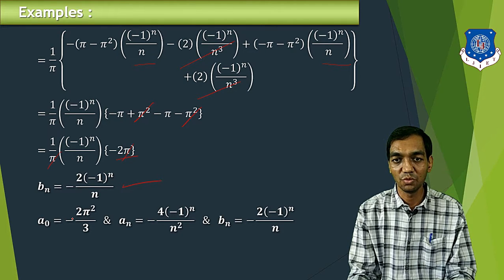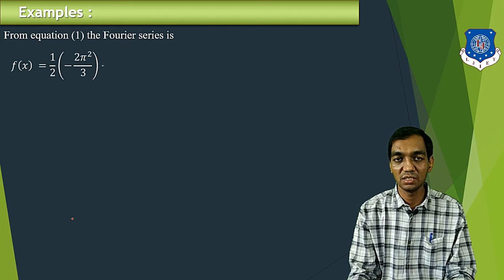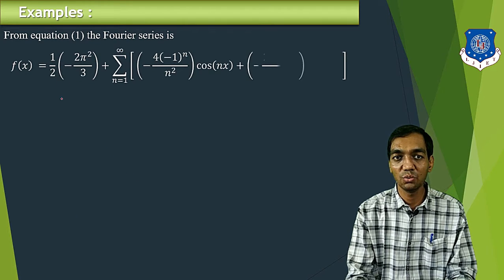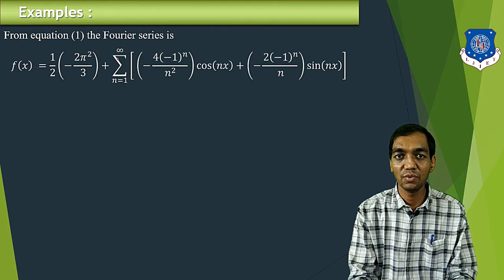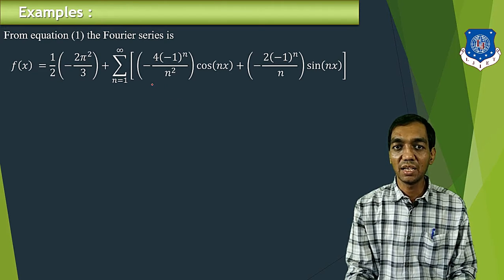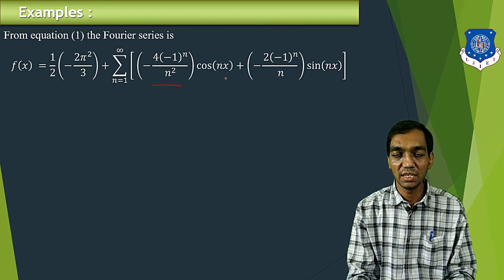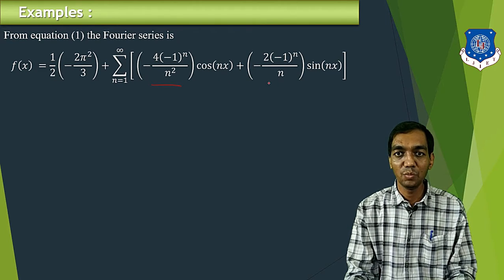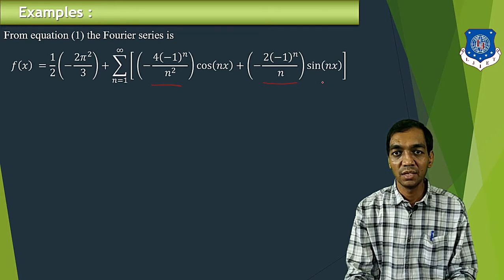So you put all these values in the Fourier series. The Fourier series expansion we have is 1 upon 2 into a0, which is minus 2 pi square by 3, plus sigma n running from 1 to infinity into the bracket an is minus of 4 into minus 1 raised to n upon n square cos nx plus bn is minus of 2 into minus 1 raised to n upon n into sin nx.